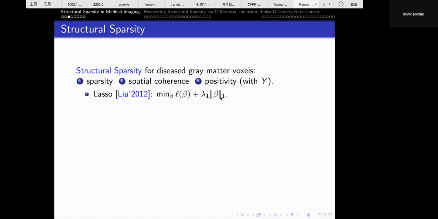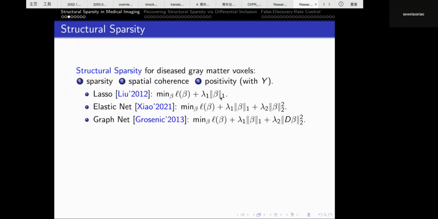And previously, there are several sparse learning methods in Alzheimer disease. The first one is the Lasso with the L1 penalty. And the elastic net with the L2 penalty can select more features which may be clustered together. And the graph net extends the elastic net with an L2 penalty on the transformed vector by the graph difference operator.